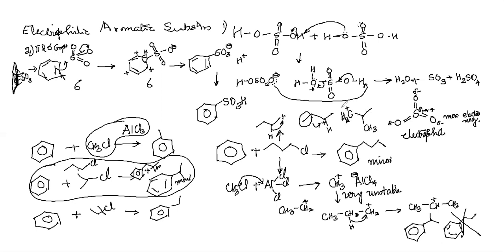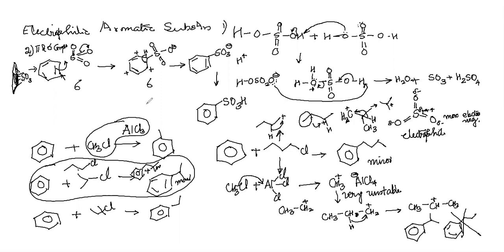This again becomes a primary carbocation, even though you have a tertiary carbon in the center. Now see what happens. This migrates. What does it form? It forms a tertiary carbocation.